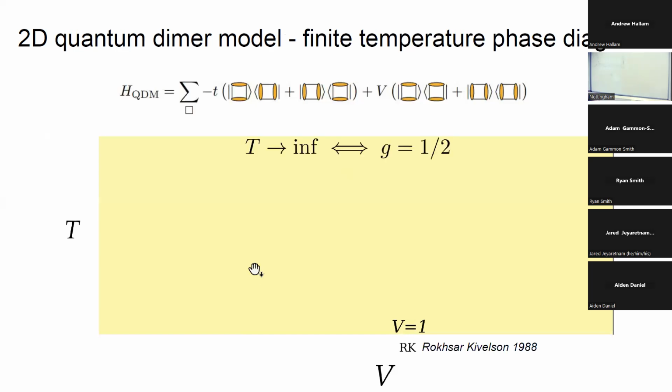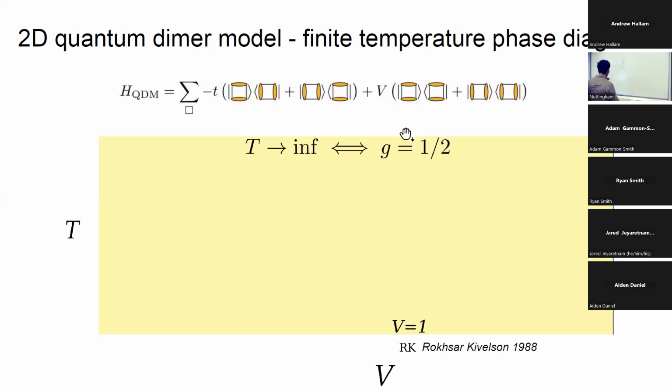Now, if temperature is infinity, then the terms in the Hamiltonian do not matter. The configurations are simply uniform. The partition function is essentially a uniform infinite temperature ensemble of all possible dimer configurations.